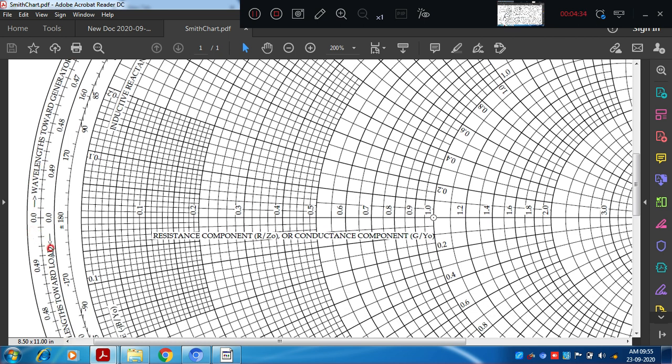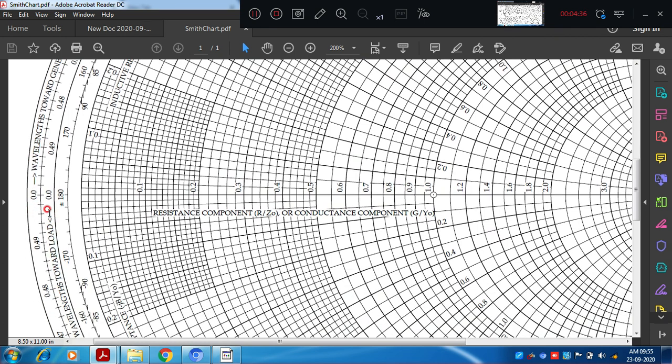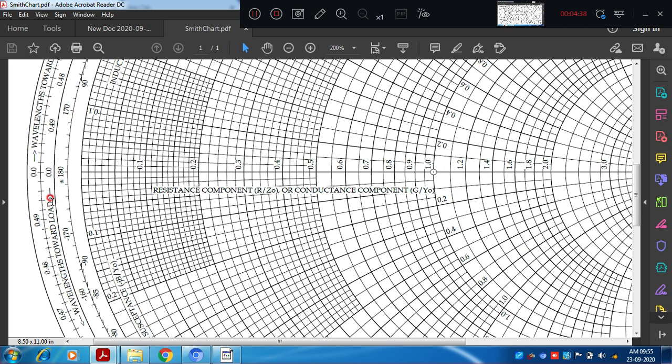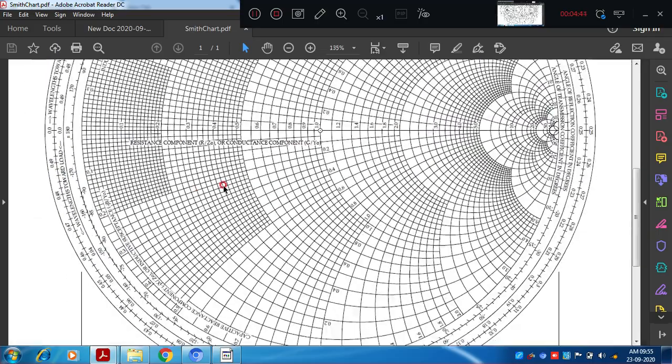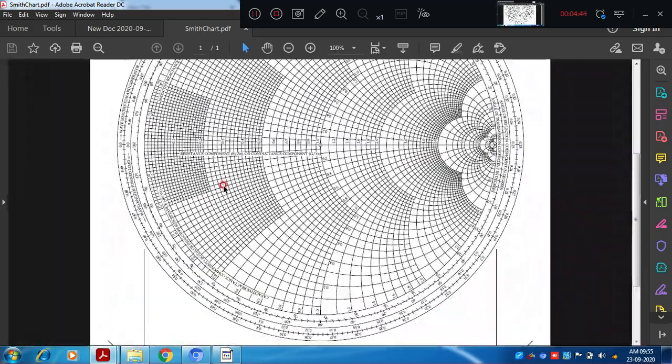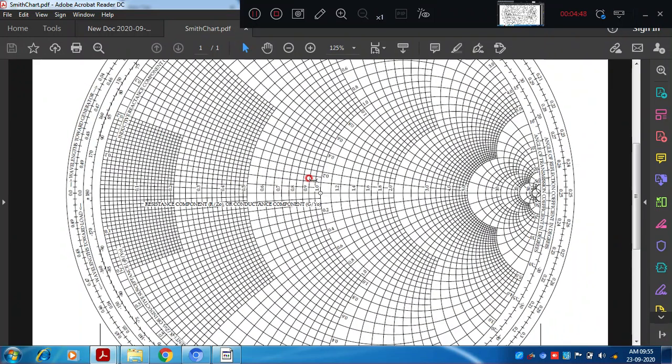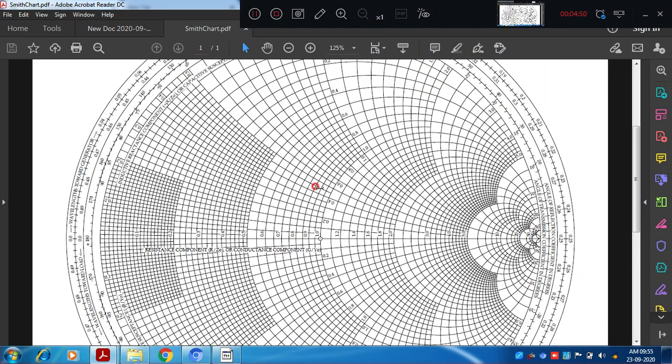The next outermost circle values are wavelength towards load. These are the basic aspects. Remember, the outermost circle is wavelength towards generator, meaning source, and the next outermost is wavelength towards load.